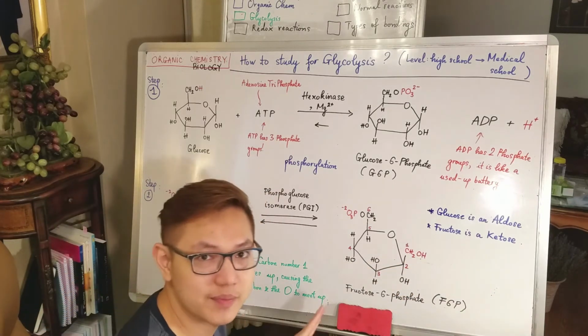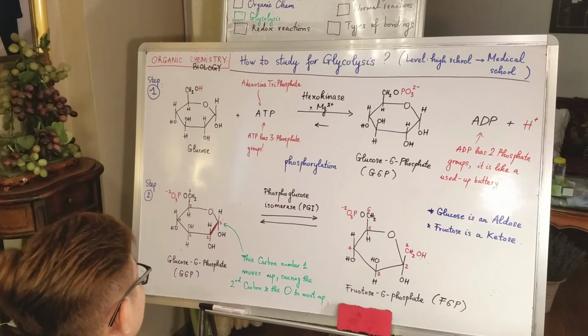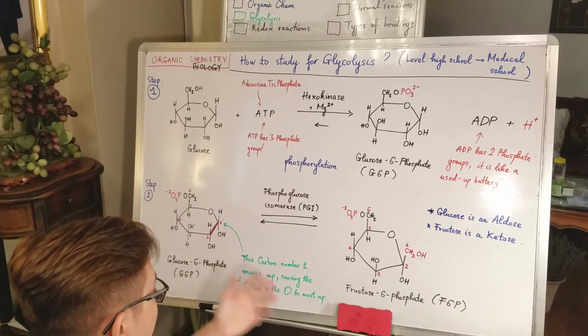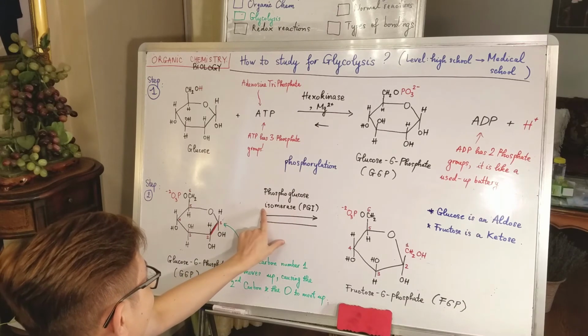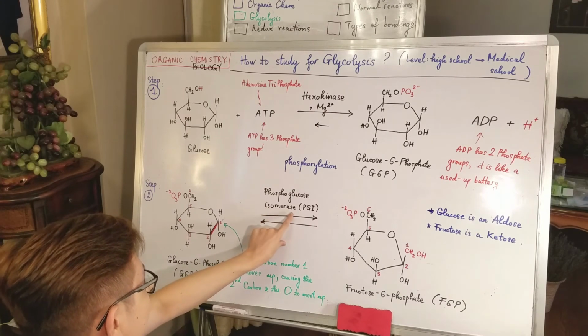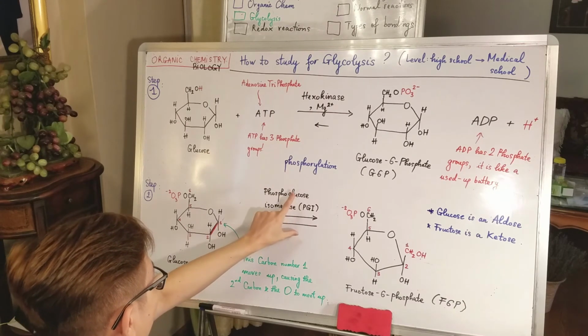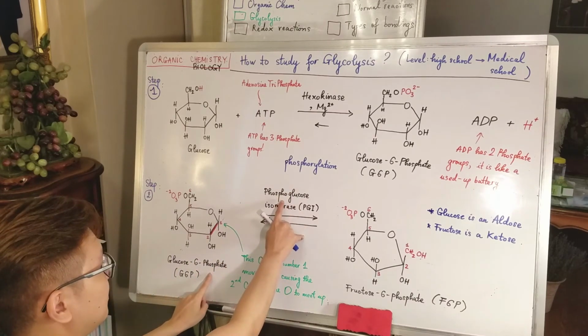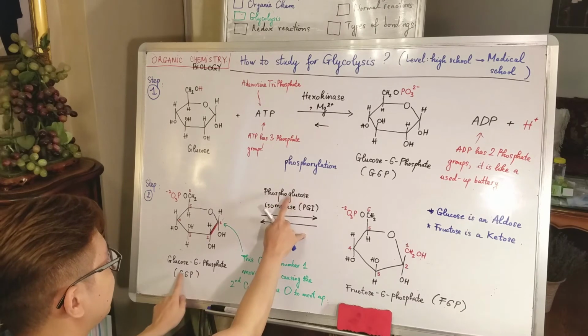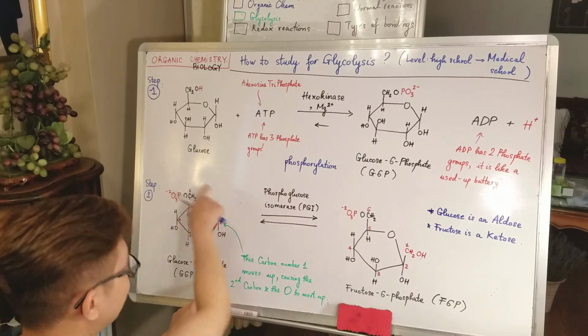But they're isomers of each other. So you need an enzyme to convert them into the isomer form. So the enzyme will be called isomerase, which works on a glucose molecule that has a phosphate group there. You can see they name the enzyme according to the substrate that it acts on.